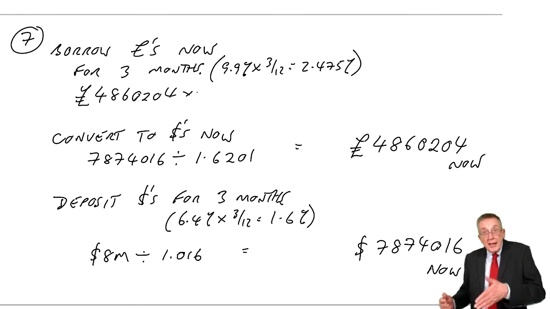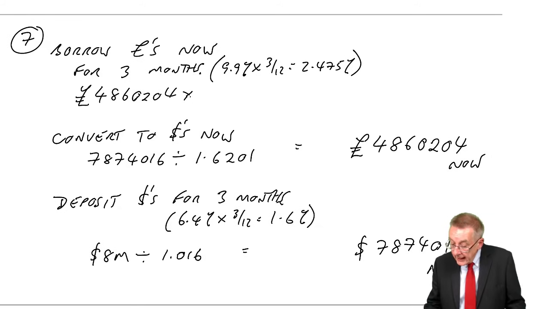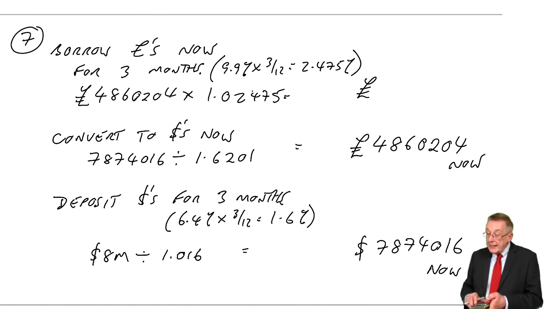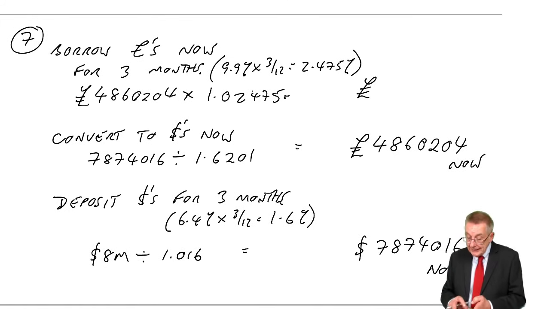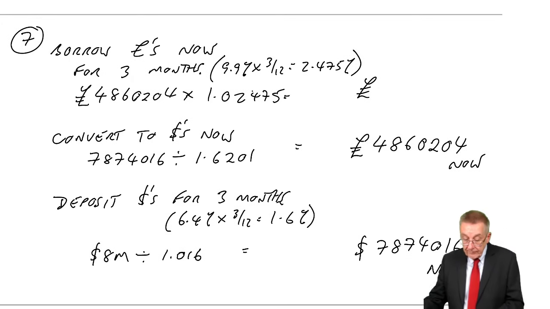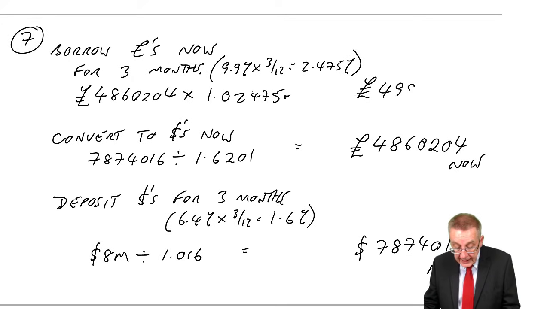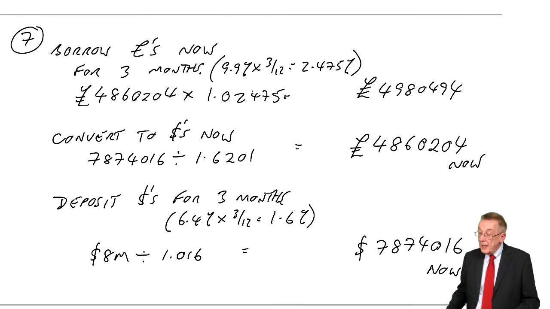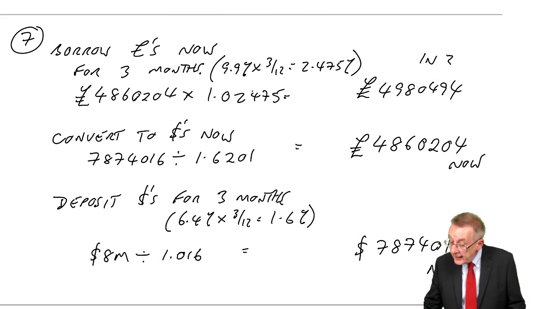So the amount owing in 3 months' time, add on the interest, multiply by 1.02475. And we'll be owing, what does it come to? £498.0494. That's how much we'll be owing in 3 months' time.